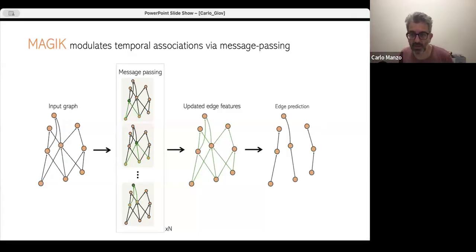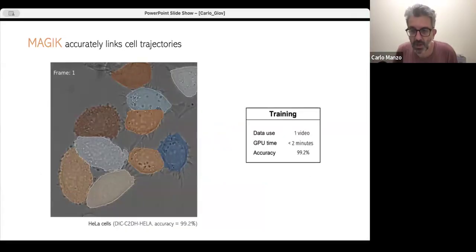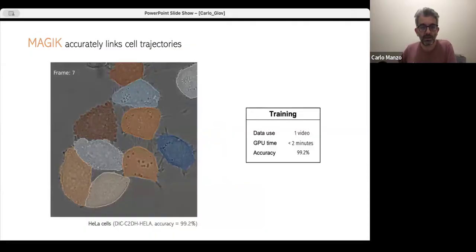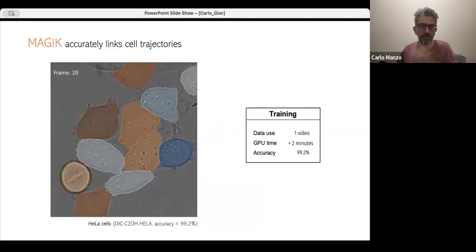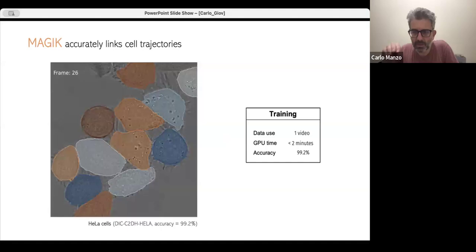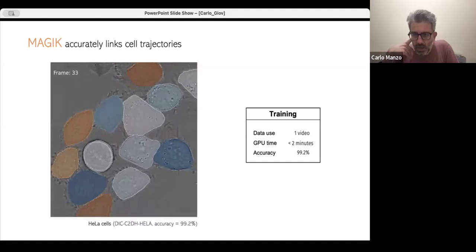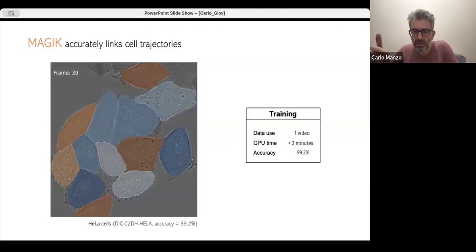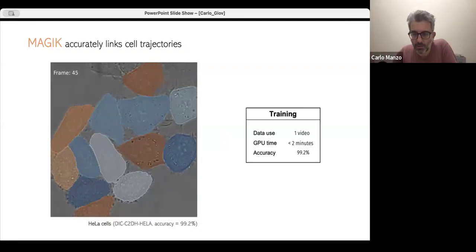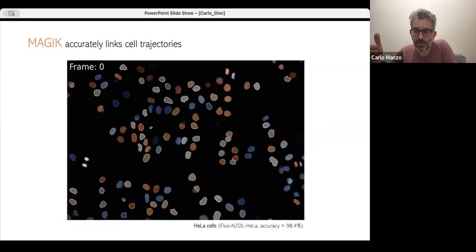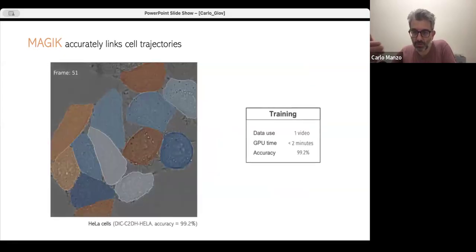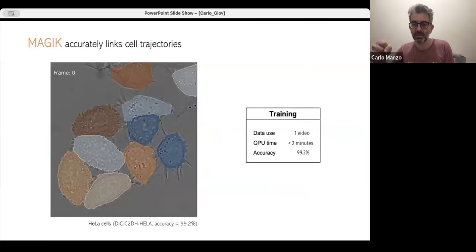And this works very, very well, as in the example that we will see now. This is a movie from a benchmark, the cell linking challenge. The same color here means the same cell at different times. You can see that the method works very well. We have a very high accuracy in spite of the fact that the shape of the cells is continuously changing and the cells are also dividing.